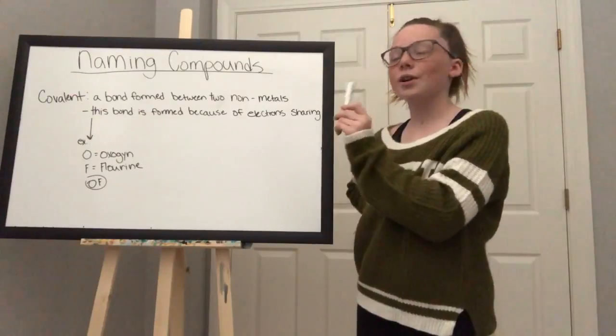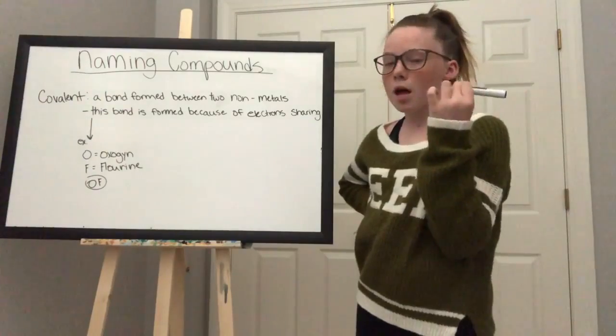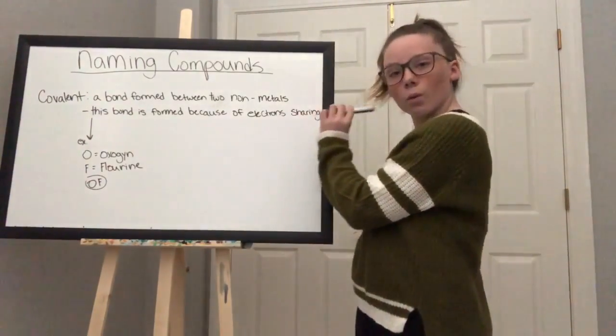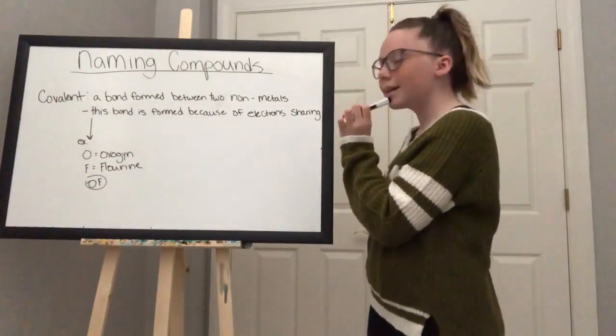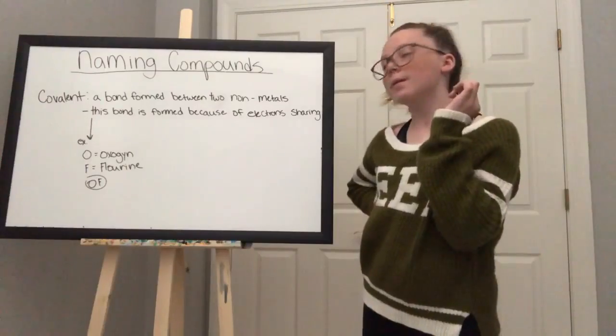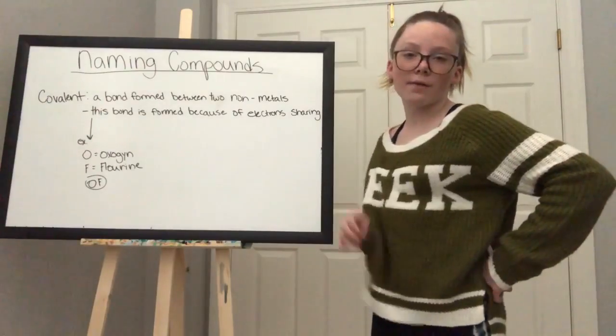The electrons in a covalent bond are being shared, while in an ionic bond, the electrons would be lost. An example of a covalent bond is oxygen, O, and fluorine, F. A covalent bond would be OF.